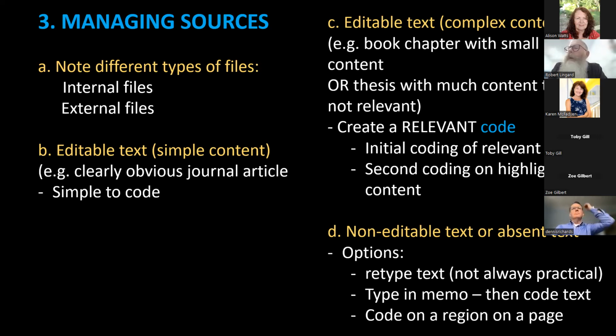Highlight the exact ones that you want to import. Export them from EndNote as an XML. Go back to data in NVivo and say I want to import these new bibliographic references. And it will just add it to my existing ones.